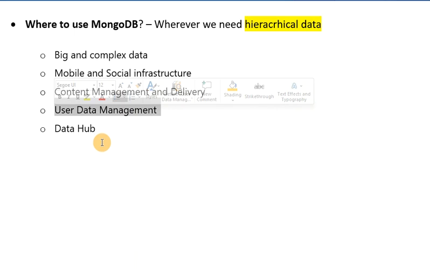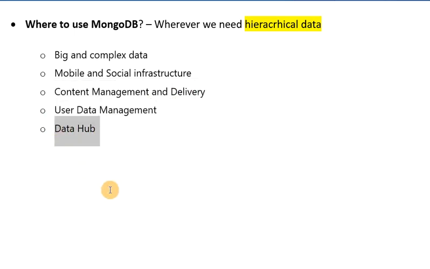And one more is the data hub. These are a few examples where we can use MongoDB, because the only point you have to understand is whether the data requirement is hierarchical or not. If there is a need for hierarchical data, we should definitely use MongoDB. Otherwise, it's up to you which one you choose.